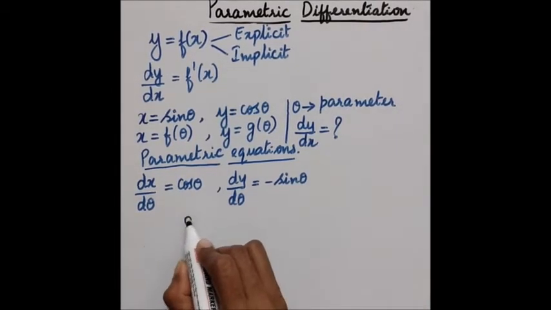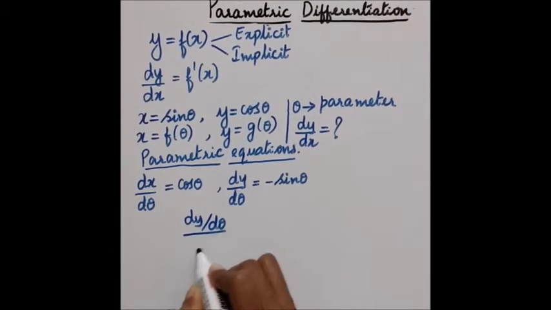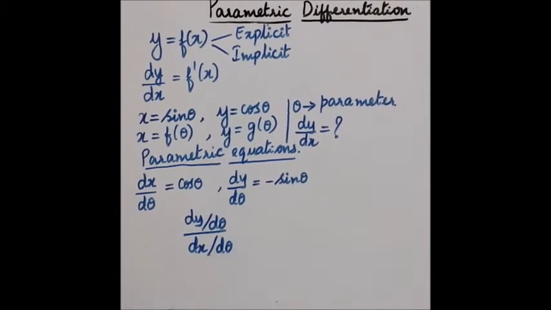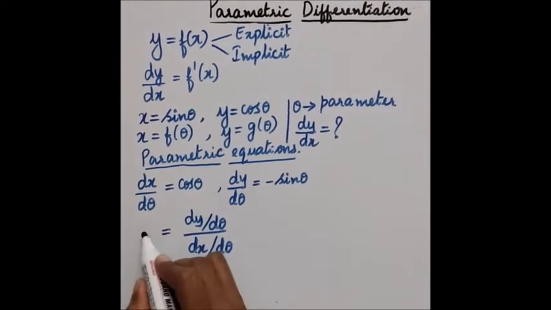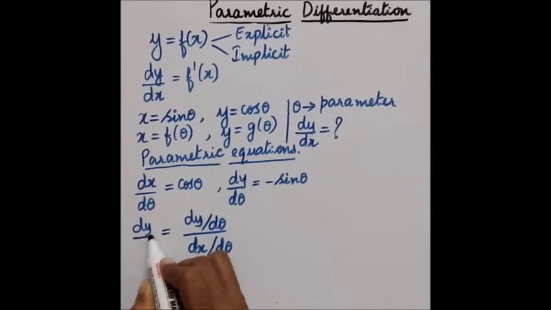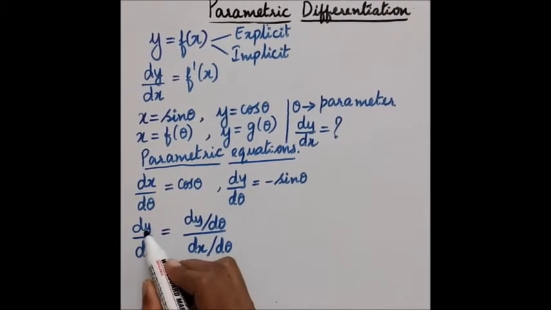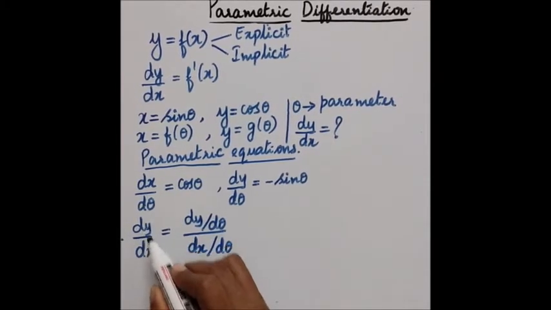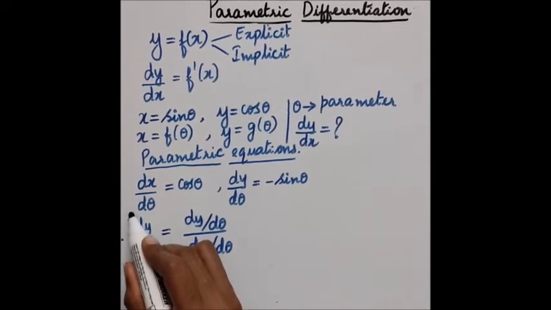Now, dy by d theta divided by dx by d theta. This division gives us dy by dx, since d theta gets cancelled. So therefore, dy by dx is given as dy by d theta divided by dx by d theta.